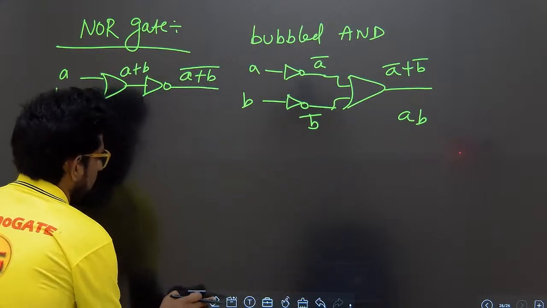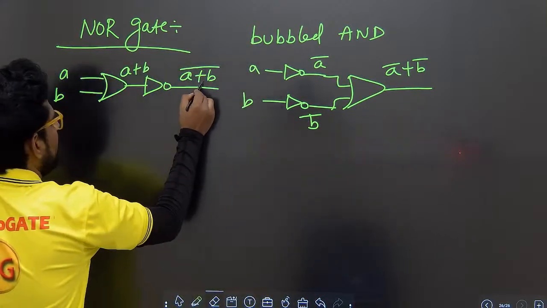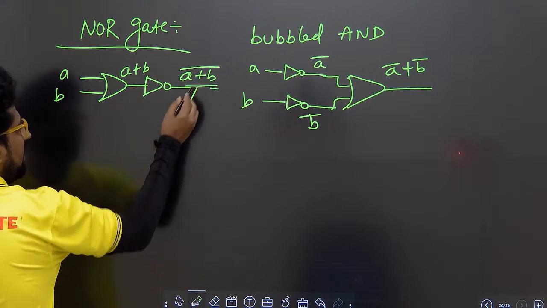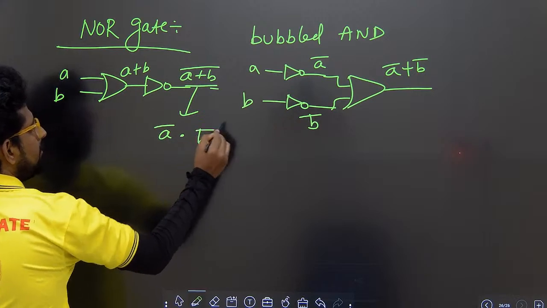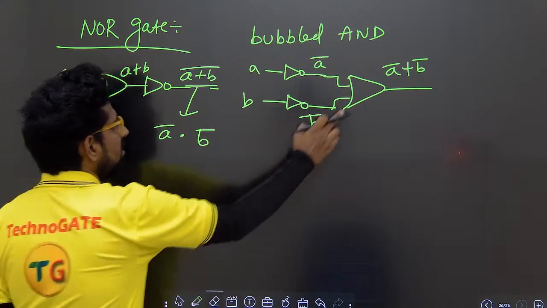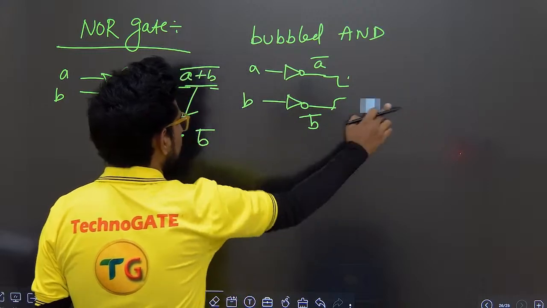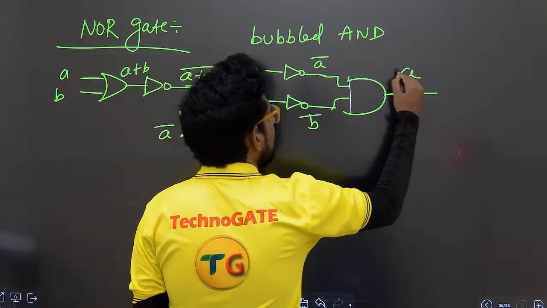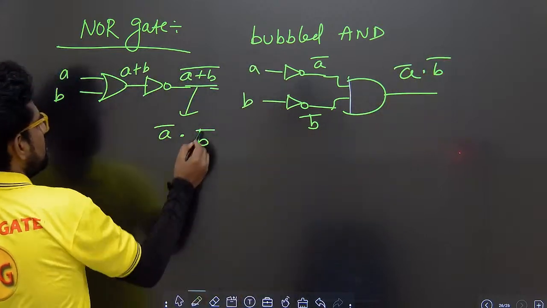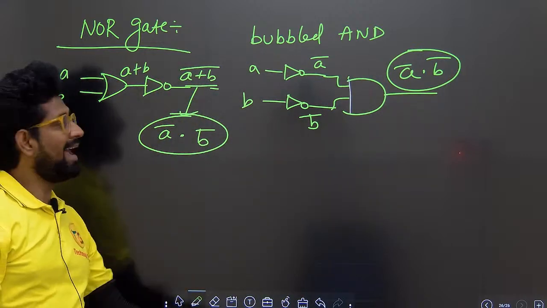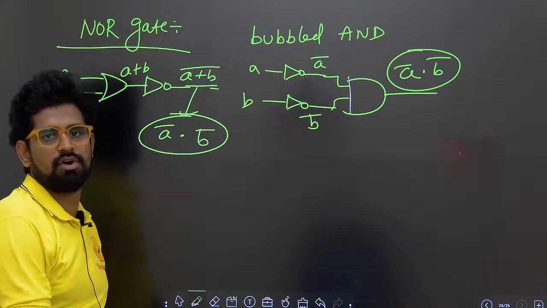A plus B whole bar can be written as A bar B bar. So I drew here the OR gate, it is a bubbled AND gate, A bar into B bar. So both are matching. The NOR gate is called a bubbled AND gate.